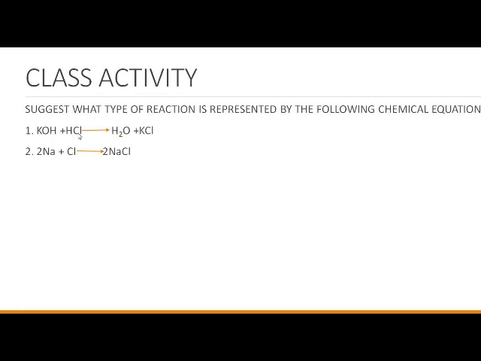Of course, I have said earlier that the reaction between a base and an acid is a neutralization reaction to form salt and water. Potassium chloride with water. This is potassium hydroxide and hydrochloric acid. Now, the second equation here is sodium reacting with chlorine. Now, this is a typical example of a combination reaction.